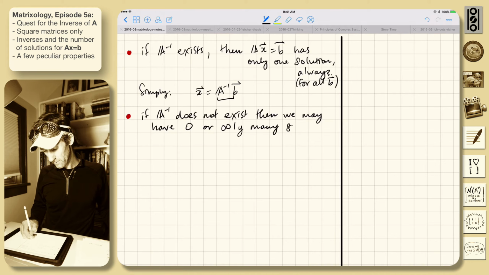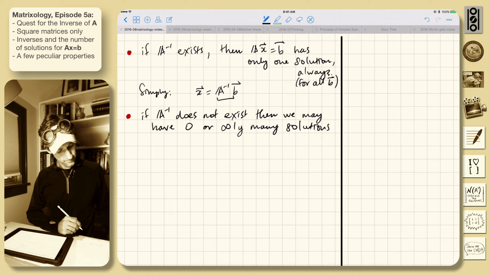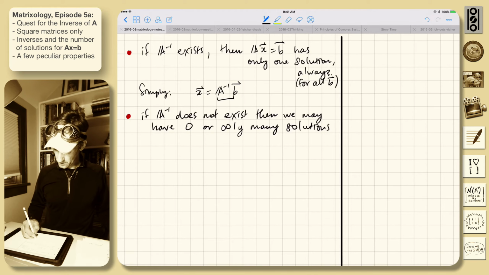The other cases. Good. So that is a big deal. We're going to come back to that. This is a more later situation, because we can't quite see what's going on there yet.